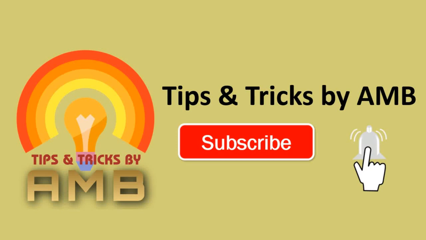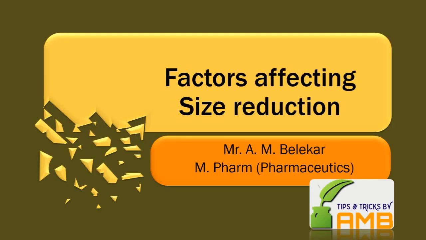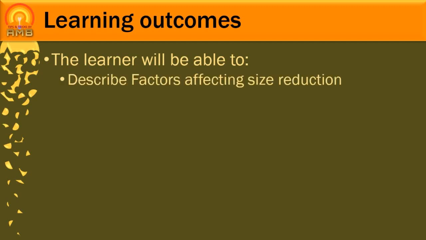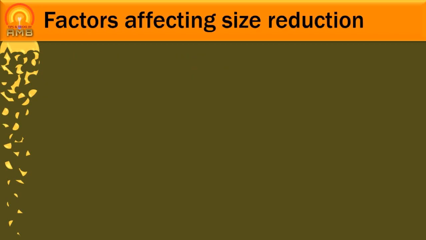In this presentation, we are discussing about factors affecting size reduction. After going through this presentation, the learner will be able to describe factors affecting size reduction. First, we will enlist factors affecting size reduction.